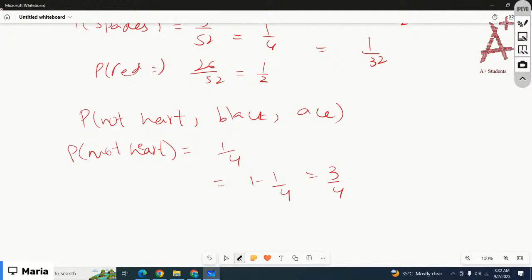You have to calculate the probability of black. Black means you have 26 cards out of 52. That would be 1 over 2. So the probability of black is 1 over 2, right?